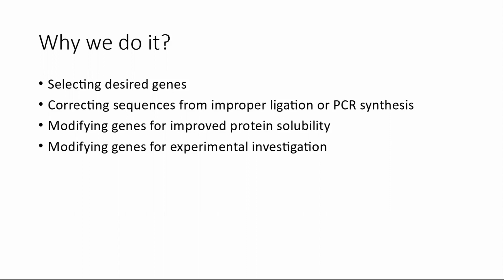And then we can also modify the amino acid sequence for experimental investigation, such as testing important residues in like a catalytic triad in a protease, or some other features that might influence the folding or conformation of our protein.